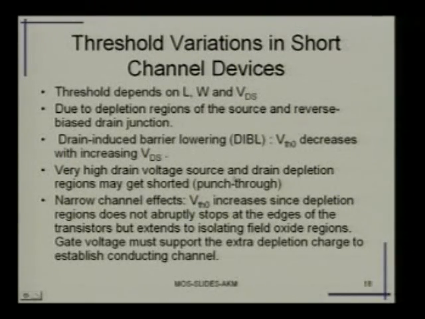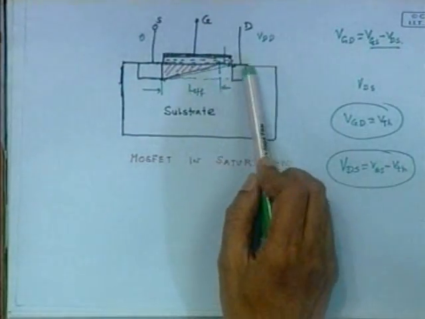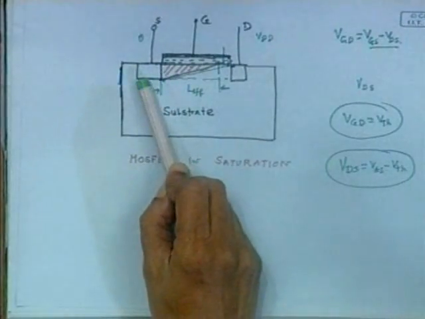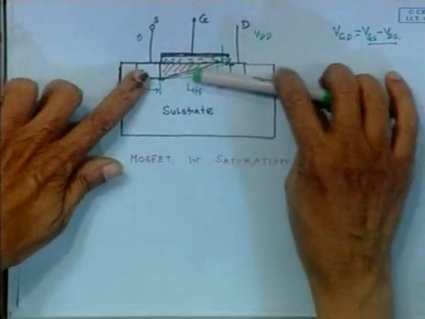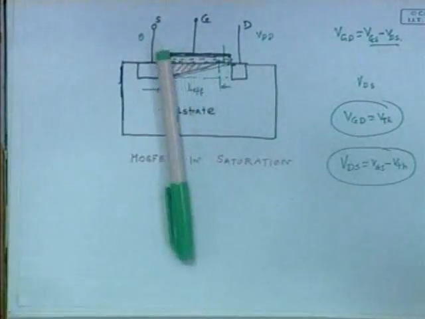For very high drain to source voltage, the depletion regions may get shortened. This is the depletion region near the drain, and there is a depletion region near the source. As I go on increasing these two regions, if they touch, then you have punch through. That happens when you apply a very high VDS, and this is called the punch through effect.